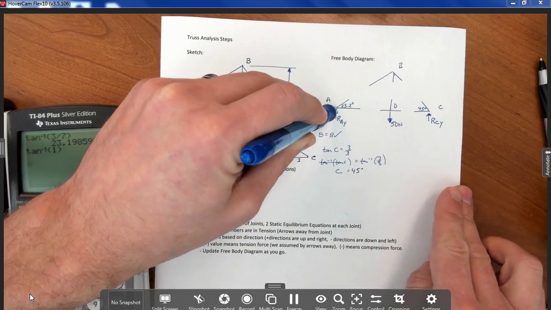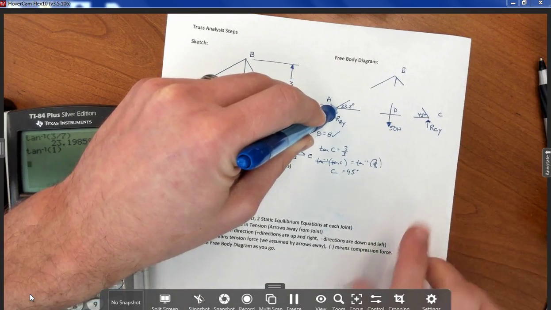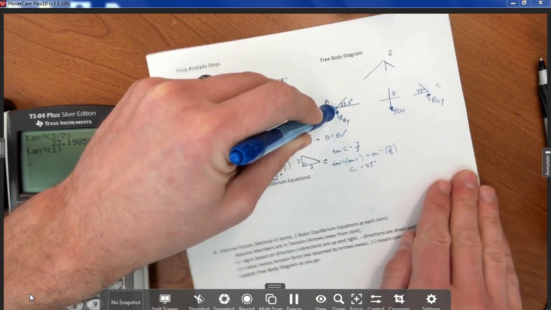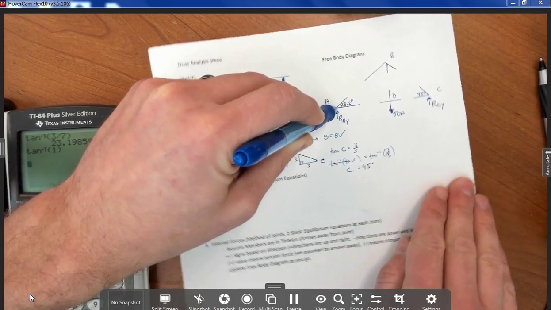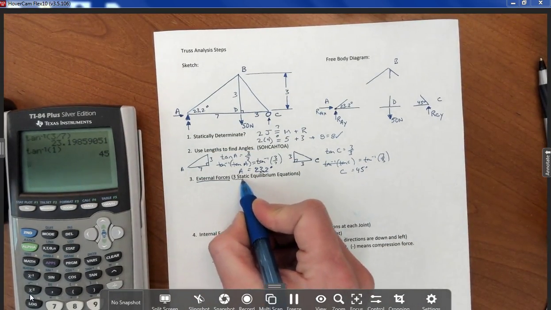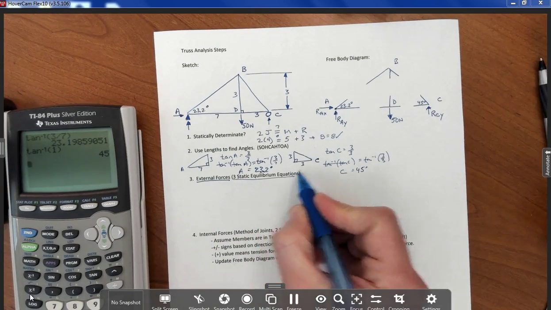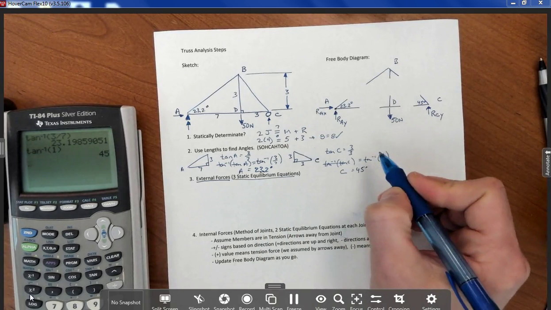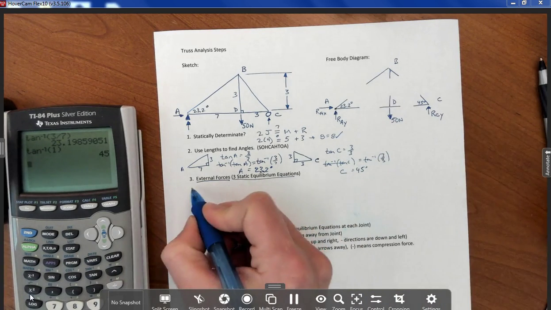So as the load is pulling it down, that reaction force is pushing back up. They're balanced. So we are going to use all three static equilibrium equations right now to look at the entire truss body and say that it's not rotating, it's not moving up and down, it's not moving left and right.